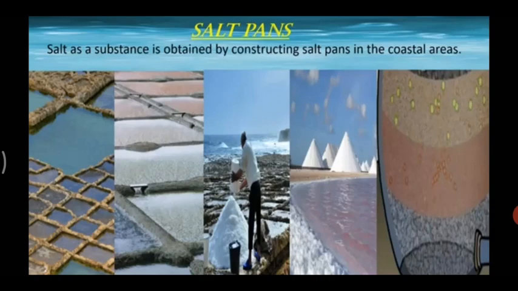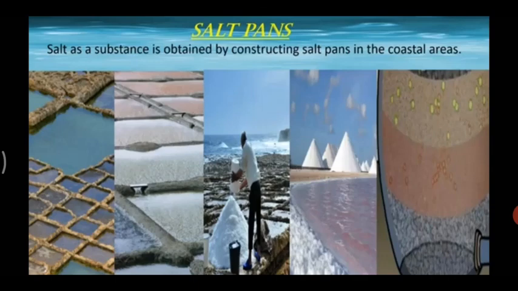That means the water becomes less. Since the salt is heavier than the water vapor, small crystals of salt are left behind in the pond. Once the water is completely evaporated, the salt is collected into small heaps.